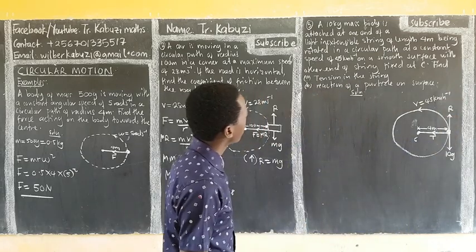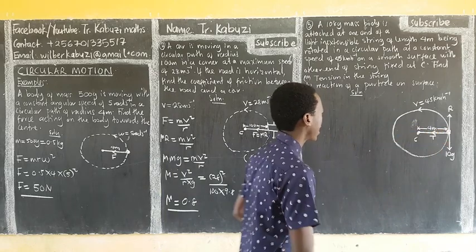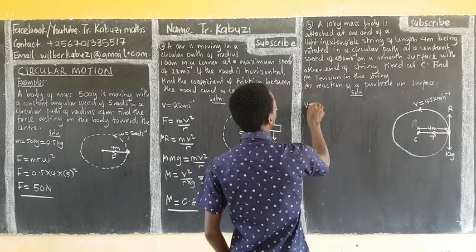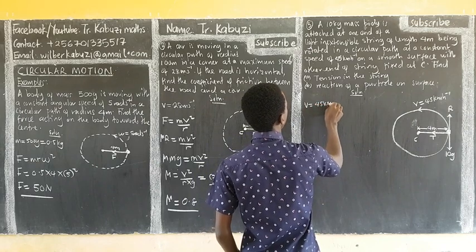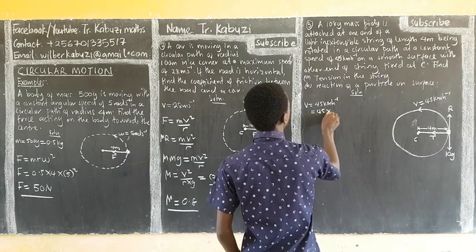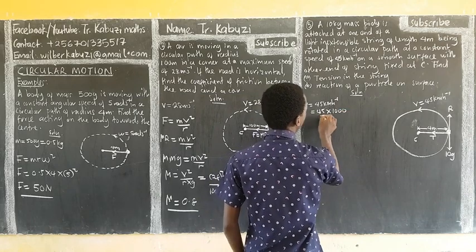So what is the first thing that we are going to do? We are going to convert this into meters per second because our length is also in meters. So our v equals 45 kilometers per hour. This is the same as 45 times 1,000 meters, every kilometer being 1,000 meters, per hour.